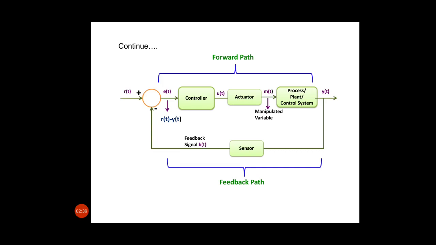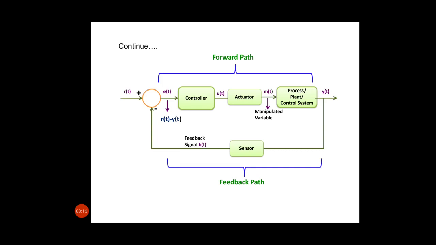To understand the basic feedback structure, we consider this type of structure, where the common signal or reference input is r of t, and the desired value of the control variable is y of t. This signal has the same unit as the control variable, but may or may not exist as an actual physical quantity.